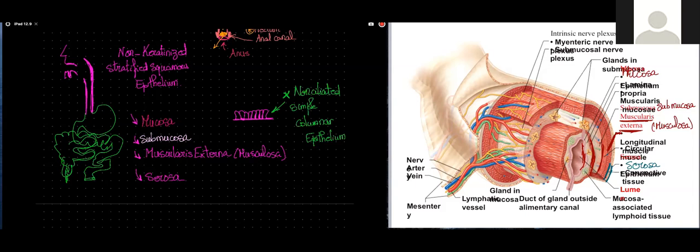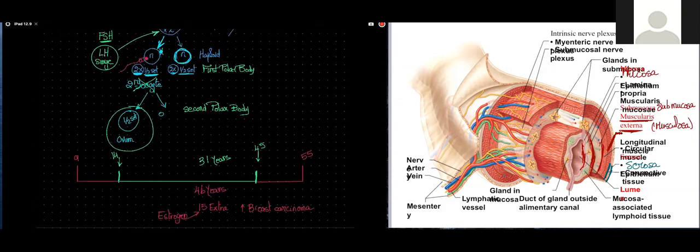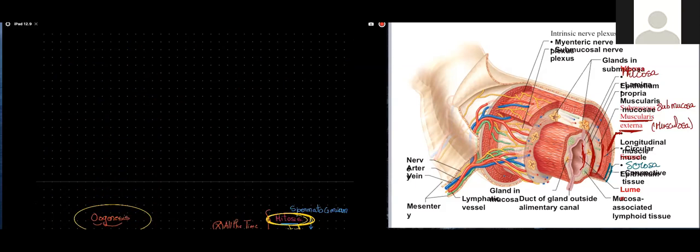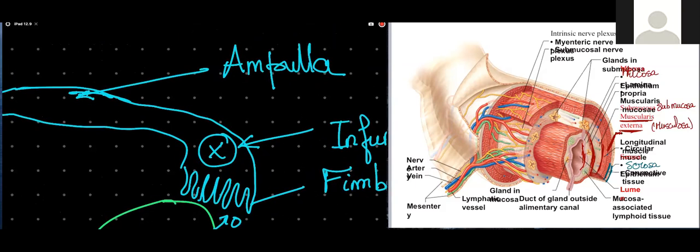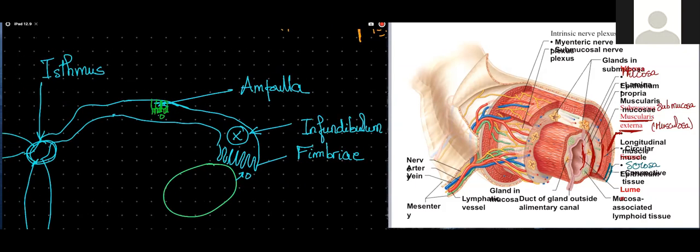Where did I have ciliated simple columnar epithelium? It was here in the fallopian tubes. This is where I did have simple columnar, which is ciliated, because I'm moving one cell here. I'm moving one cell, the fertilized egg that can't move on its own.